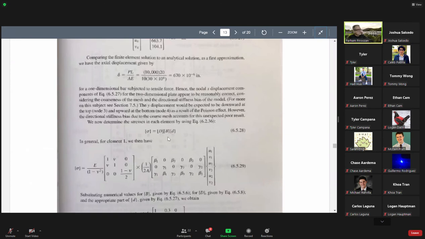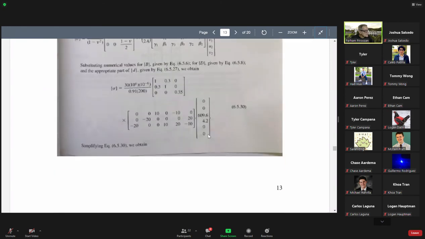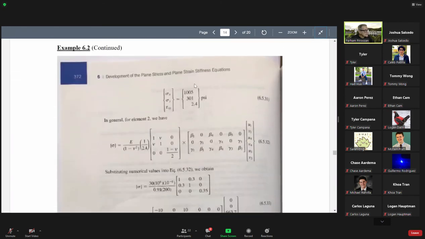Stresses: sigma is D B d. We derived this formula before, material matrix D, B times d. If we do this and plug in the numbers, we get 1005, 301, 2.4.